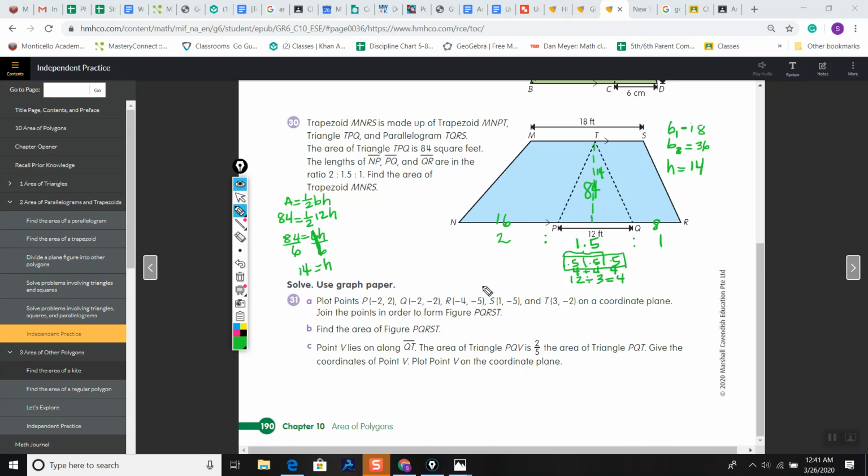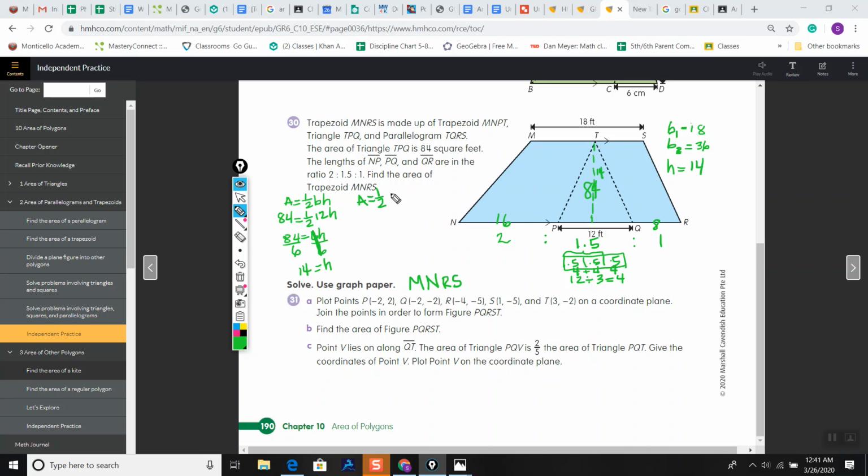Now we can solve for our trapezoid. We're trying to find the area of MNRS. Sounds like a radio station name, right? You're listening to MNRS. All right, here we go.